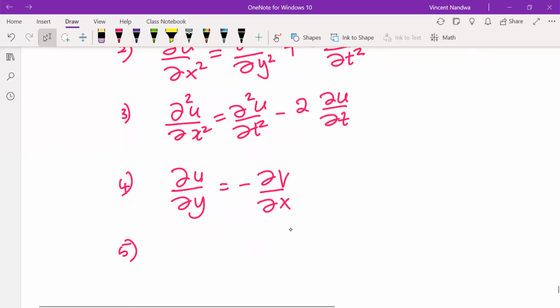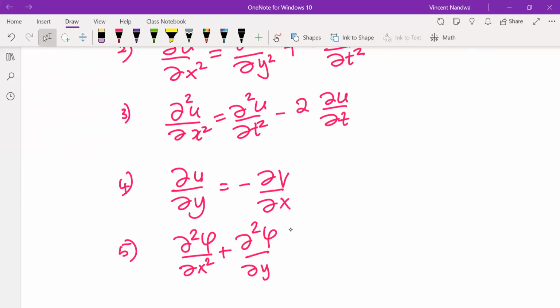Number 5, partial squared phi/partial x squared plus partial squared phi/partial y squared plus partial squared phi/partial z squared equals 0. This is the Laplace equation in 3D, etc.